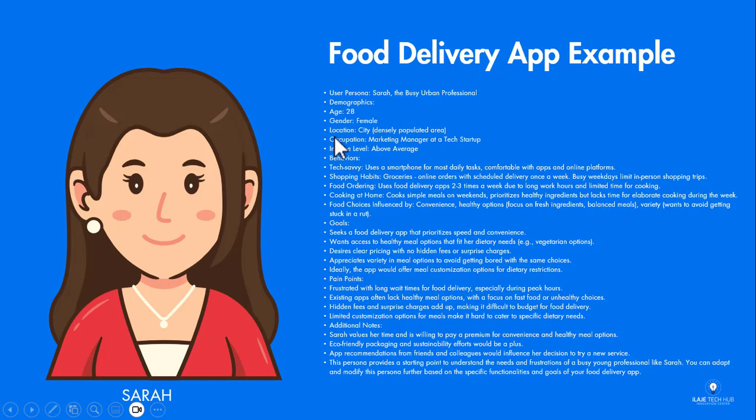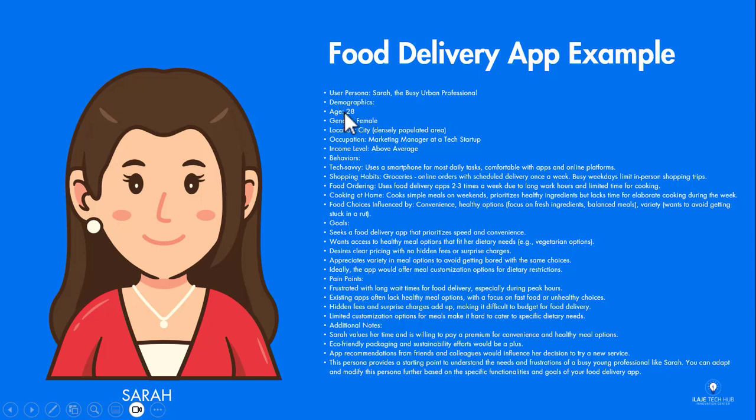This is an example that I made of what we did previously. This example is of a user persona using Sarah, a busy professional who lives in a city and doesn't have enough time to cook. Here we have Sarah as our persona, the busy urban professional.